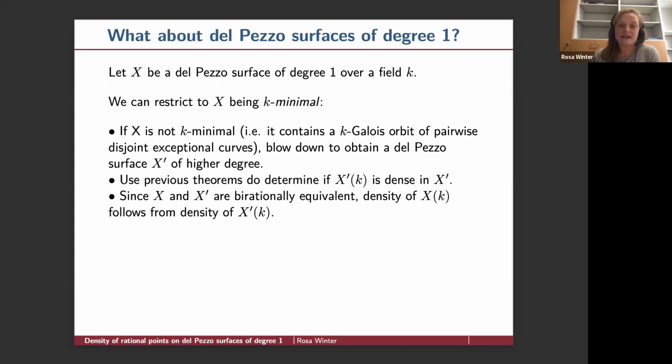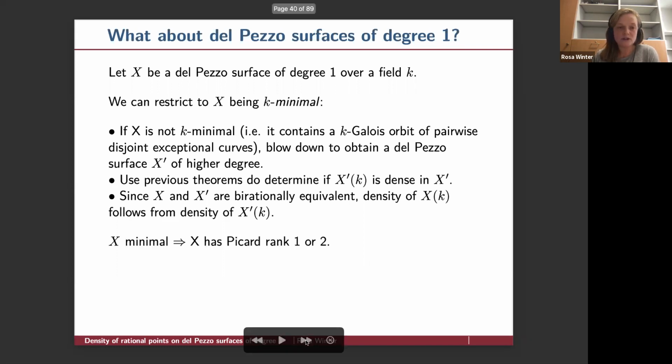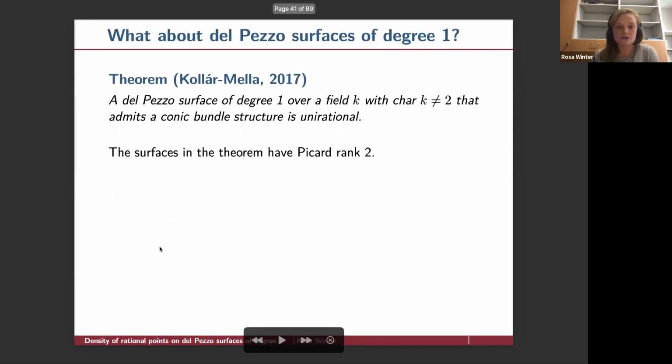So if X is not k-minimal, we can just use the previous theorems to check for density of rational points or for unirationality. The minimal Del Pezzo surfaces are those with Picard rank 1 or 2. And there's one result on unirationality by Kollár and Mella from 2017 that says a Del Pezzo surface of degree 1 over a field with characteristic unequal to 2 that admits a conic bundle structure is unirational.